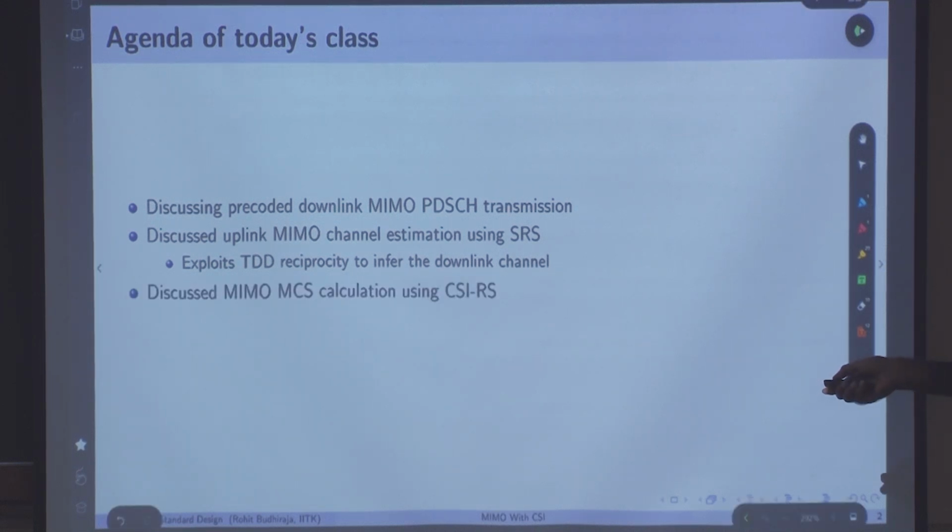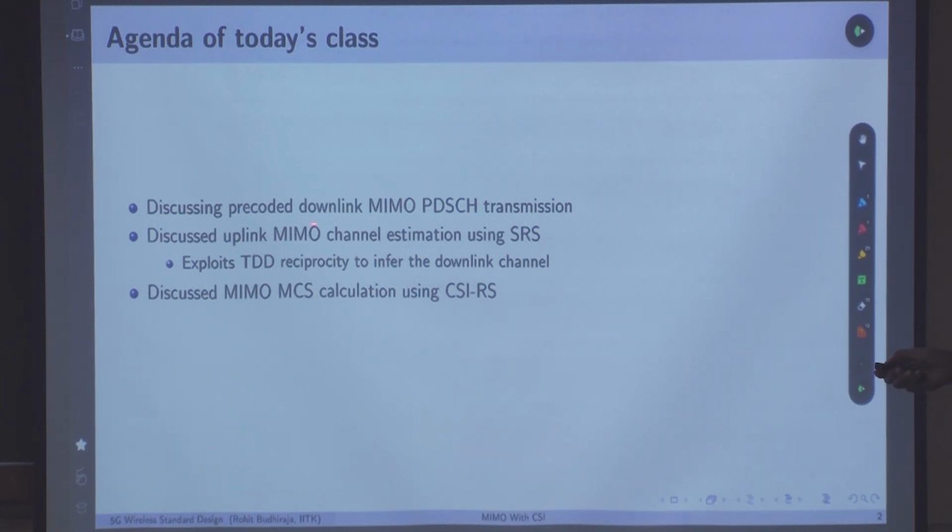So this we did using SRS. The base station now has the downlink channel, but it still does not have the MCS information which it needs to use for the different layers. So what it does is it transmits CSIRS and it precodes the CSIRS using the same precoder with which it intends to precode the PDSCH.